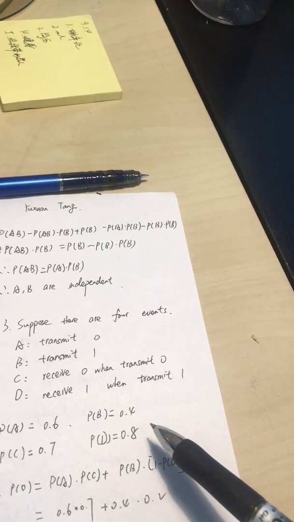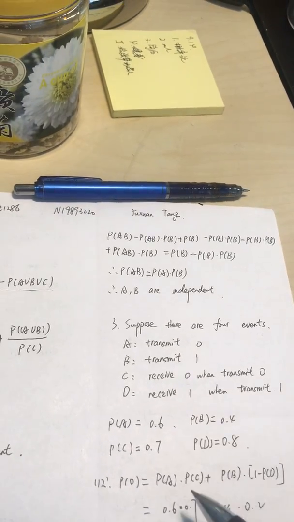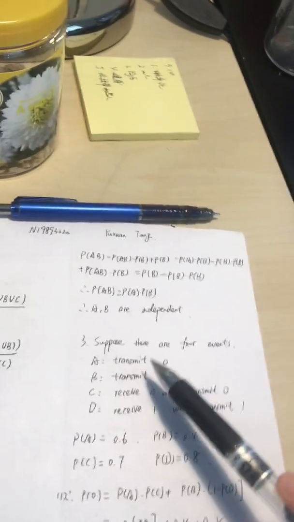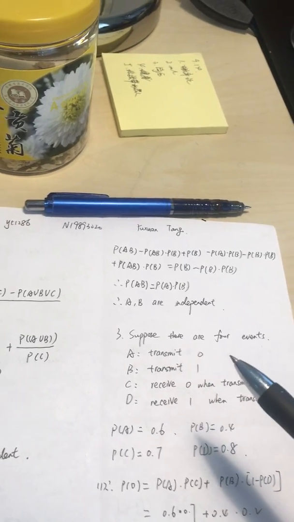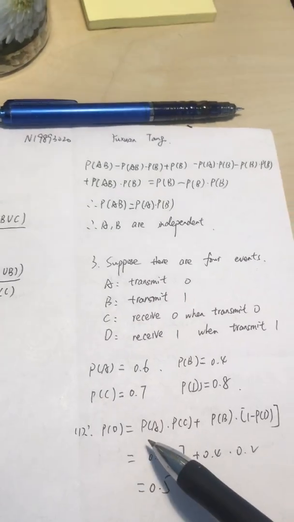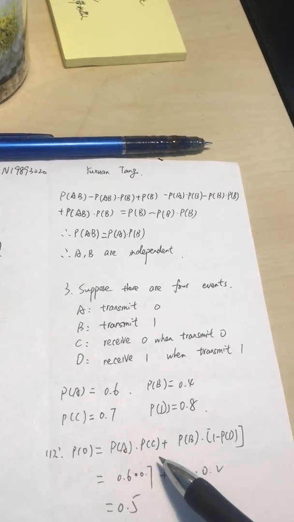So when the data 0 is received, there are 2 circumstances. First one is the transmitter sends 0 and the receiver receives 0, so it's PA multiply PC.